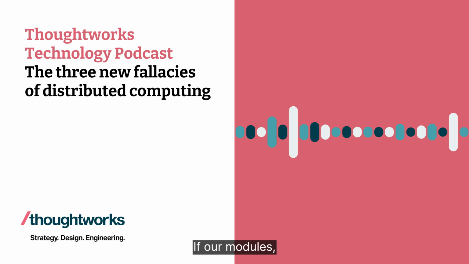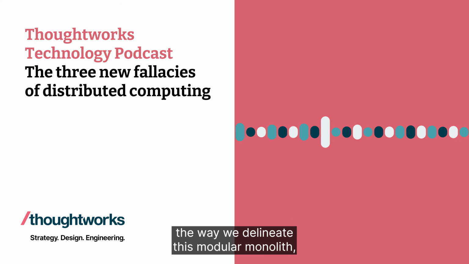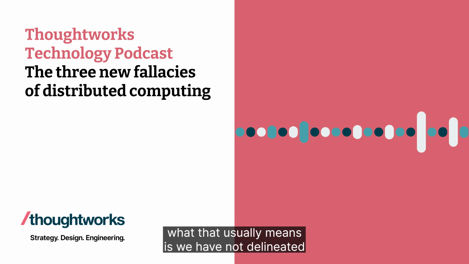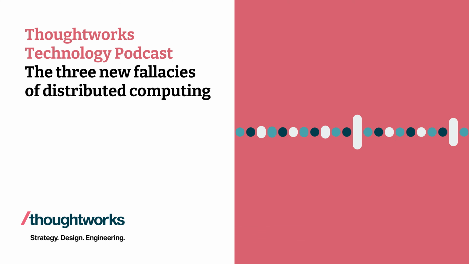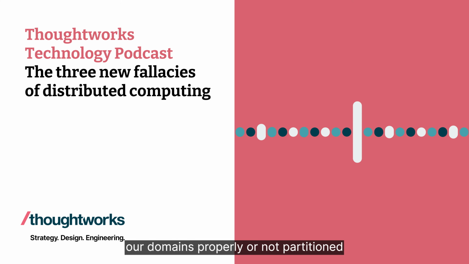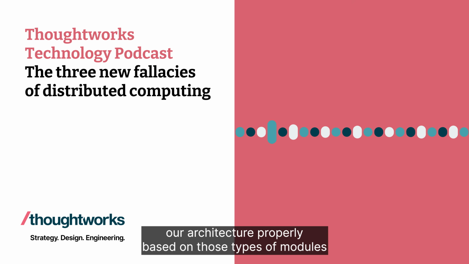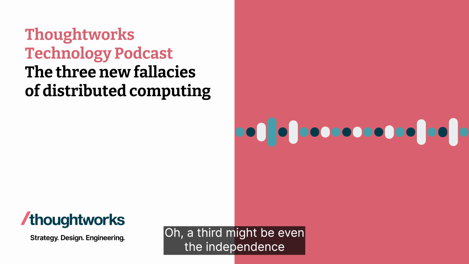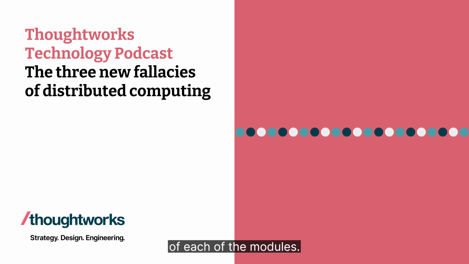But if our modules are all communicating too much, what that usually means is we have not delineated our domains properly or not partitioned our architecture properly based on those types of modules and what they represent. And so these are just forms. A third might be even the independence of each of the modules.